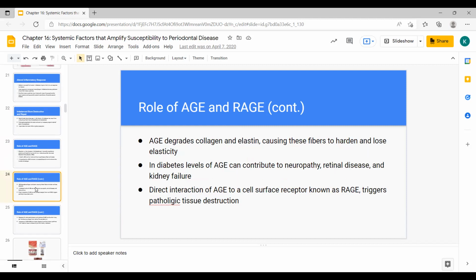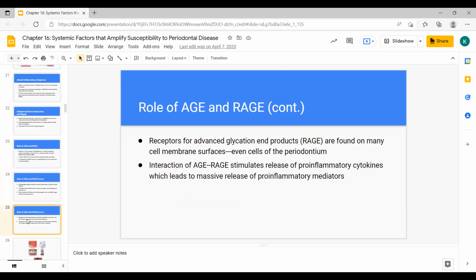And then in diabetes, levels of AGEs can contribute to neuropathy, retinal disease, and kidney failure. Direct interaction of AGEs with cell surface receptors, known as RAGE, triggers pathologic tissue destruction. The receptors for advanced glycation end products, RAGE, are found on many cell membrane surfaces, even cells of the periodontium.